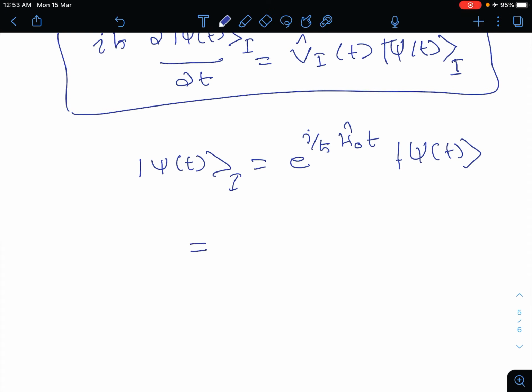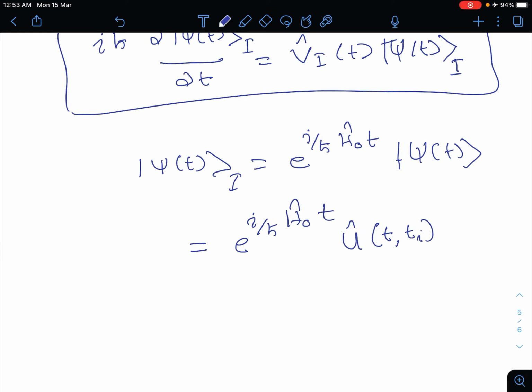That is equal to e raised to i by h cross H0 t into, I'm just introducing a time evolution operator. So this evolution takes from ti to t.